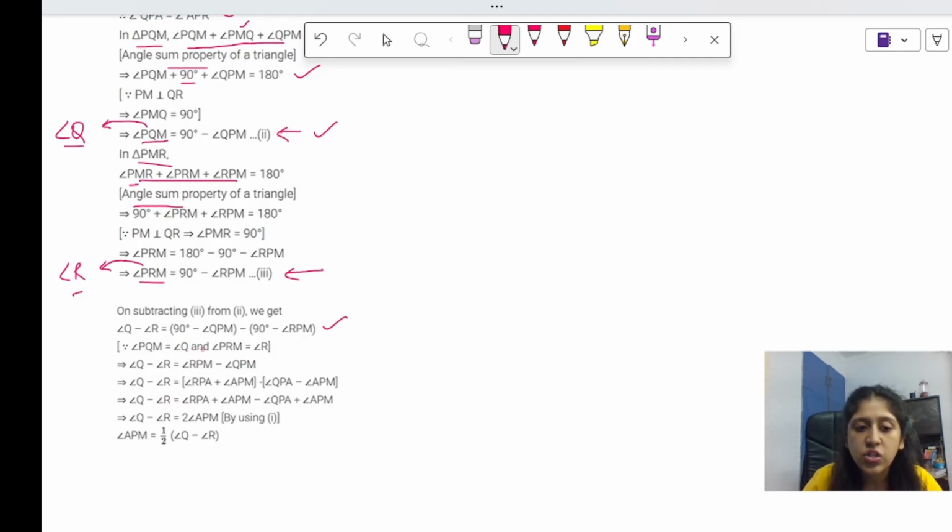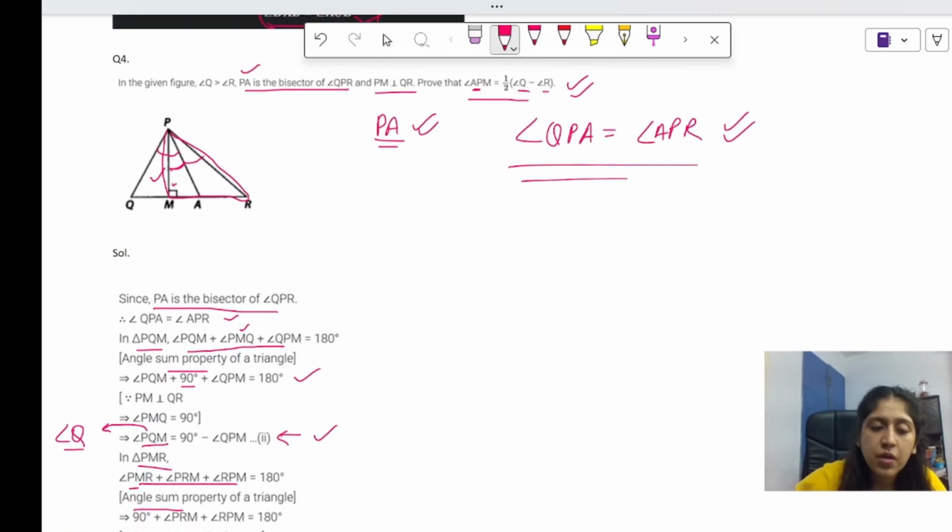Now we have actually written QPM and RPM in different forms. देखो RPM, ठीक है. Let me tell you what RPM is. RPM angle can be written as RPA plus APM.